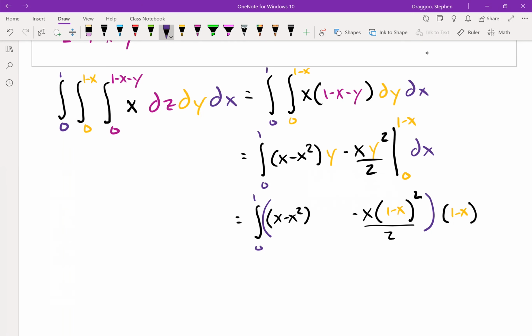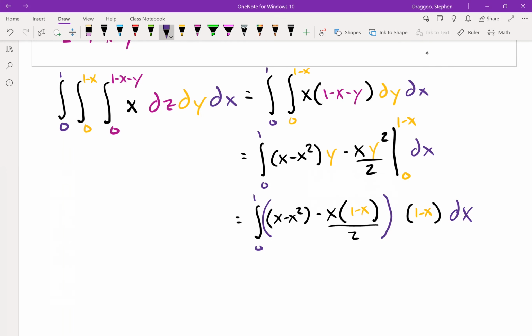We got rid of this power of 2. So we're just here. Scrunch this thing back together. dx is there. We've got x minus x squared minus x plus x squared, but that part's over 2. So it looks to me like that thing should just simplify to x minus x squared over 2.